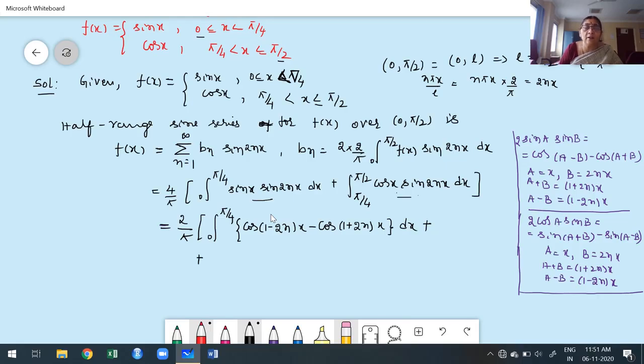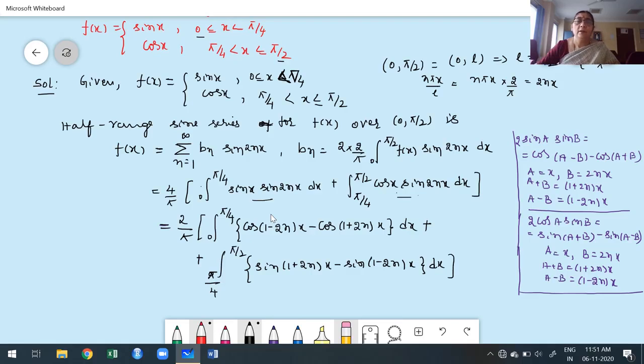Again, I have to multiply the first integral and also the second integral by 2. I already took 2 inside the bracket. Pi by 4 to pi by 2. 2 cos A sin B is nothing but sin of A plus B, which means 1 plus 2n into x, minus sin of A minus B, 1 minus 2n into x, with respect to x.